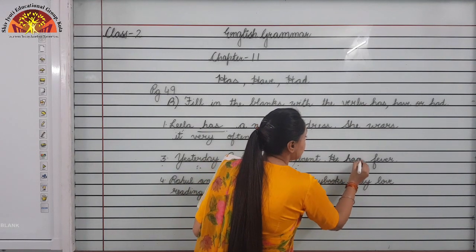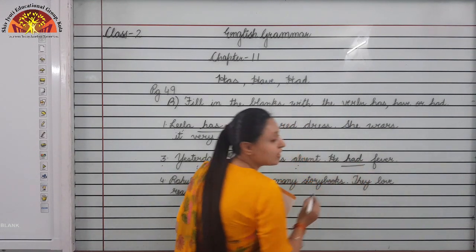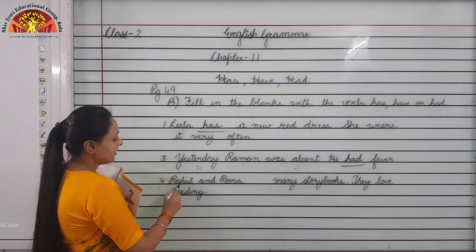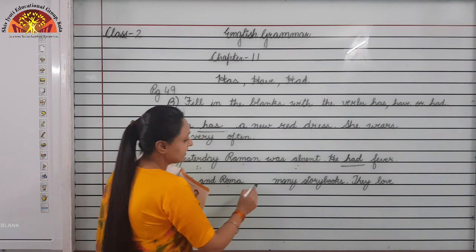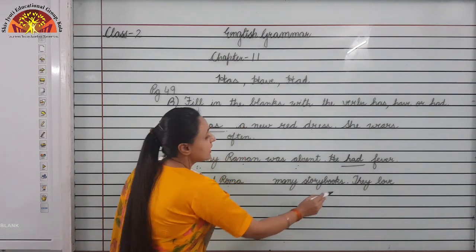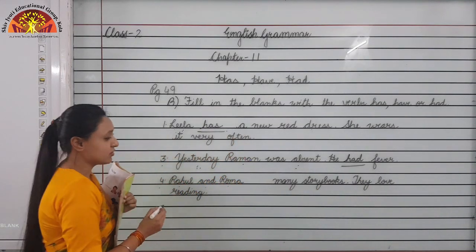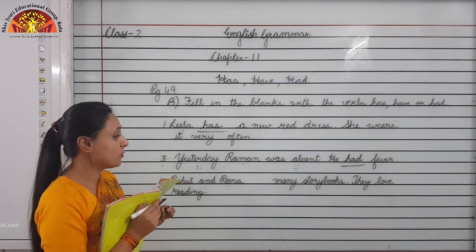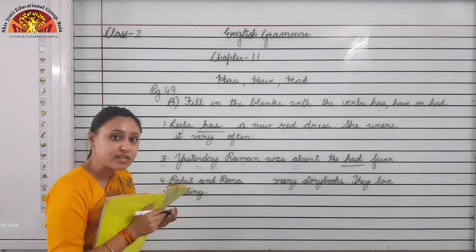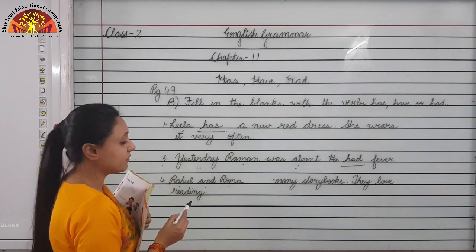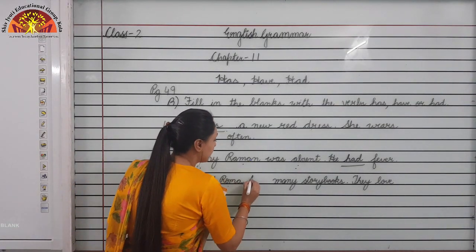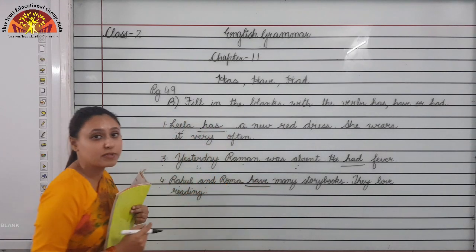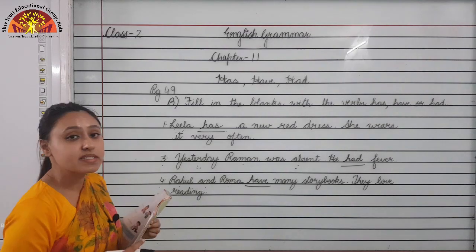We have learned that we use had for past tense. Okay. Now look at number 4. Rahul and Roma dash many story books. They love reading. So here we are talking about two people, Rahul and Roma, and the sentence is of present tense. So what will we use here? We will use have here because we are talking about plural nouns. We are talking about two people. So children, I hope this is clear to you.